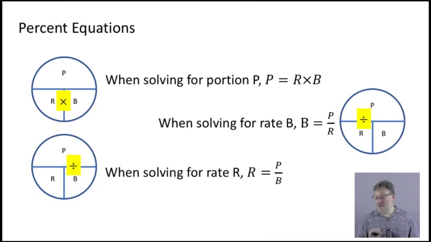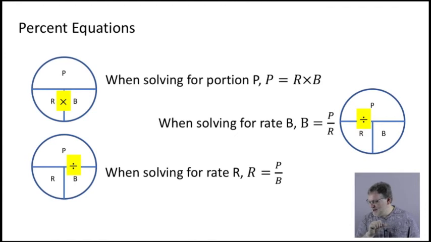The second type of problem is where we are solving for the base, and you can see that in the far left over here with that circle. We're solving for the base there in the lower right, which means we're working with the portion or the amount and the rate in the lower left. Portion is situated above rate, so we take portion and divide off the rate in order to get the base.